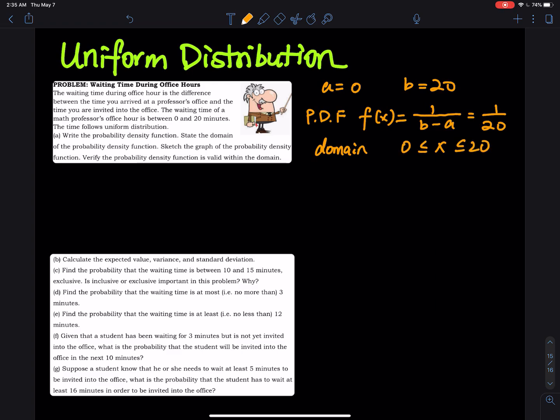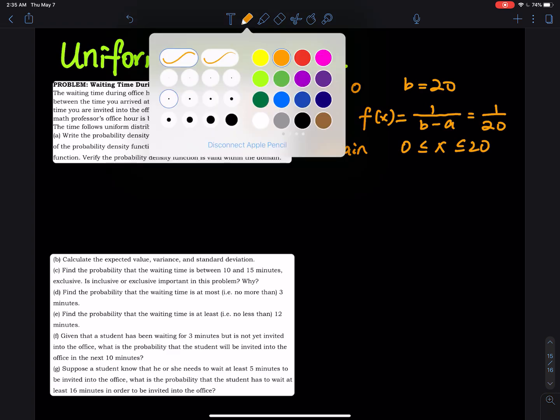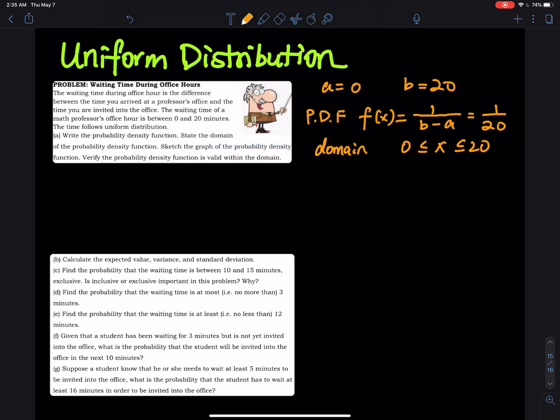Other than this, I want you to sketch a graph. So let's sketch a graph. Let me make the pen smaller. Here is what we have to do. This is a vertical axis, horizontal axis, and then we are from 0 to 20. So at 0, we have a point. At 20, we have a point. And then y equals 1 over 20 is a constant function, right?